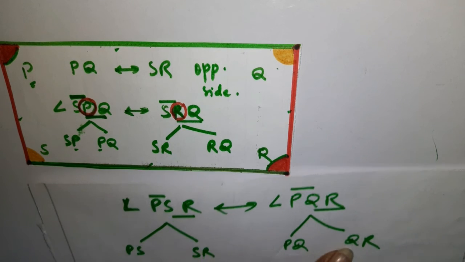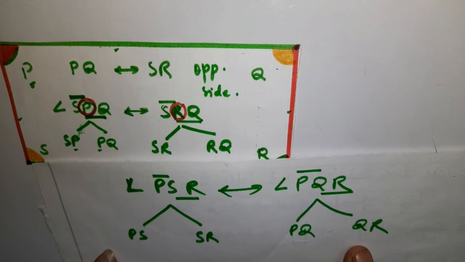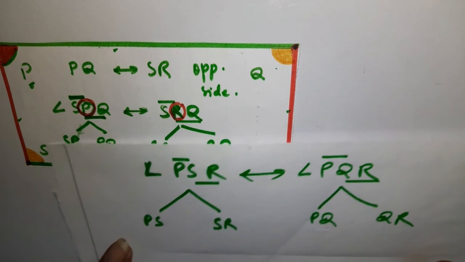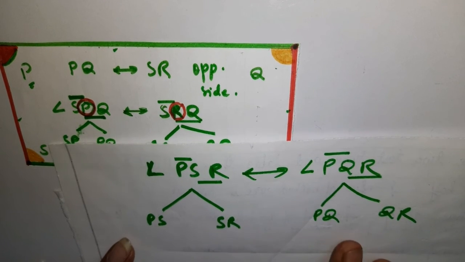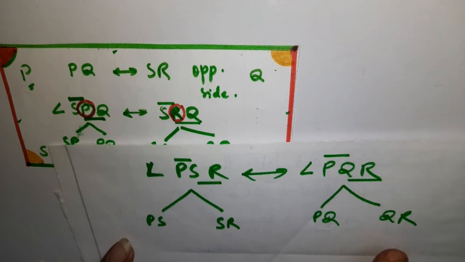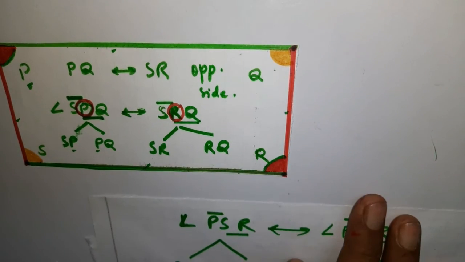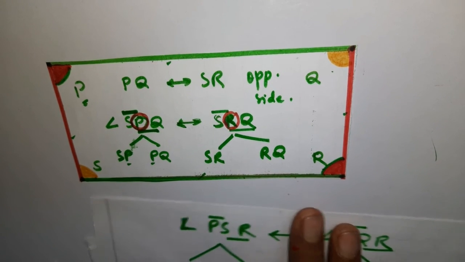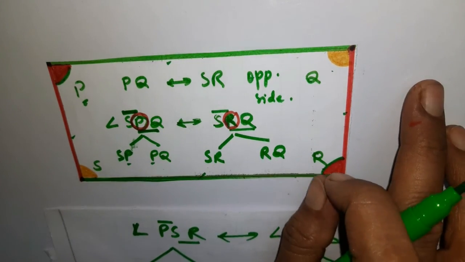This red line shows that none of the arms are same. None of the arms are same, that is why they are not common, and if none of the arms are common, it means that this pair of angles is a pair of opposite angles. So in total, in a quadrilateral, we have 2 pairs of opposite angles.